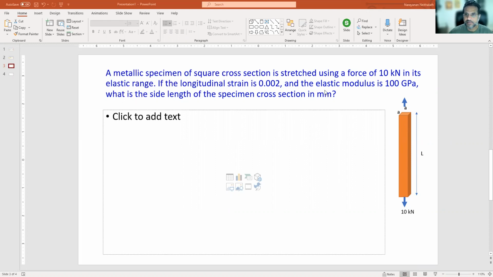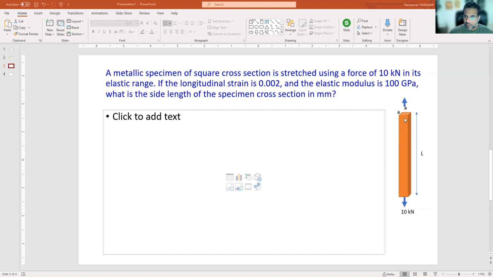Longitudinal strain is given, elastic modulus is given, what is the side length of your specimen? Very, very simple problem. Your strain is given, elastic modulus is given, force is given, right? What is the side length of the specimen cross section? You're asked to find the value of A, right?